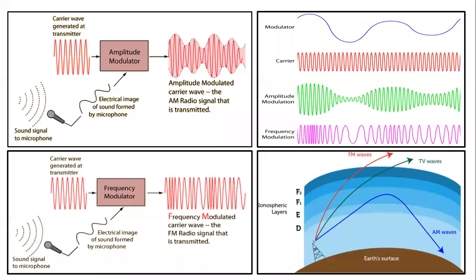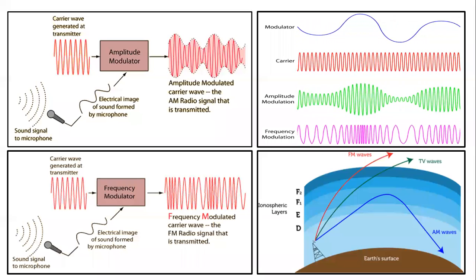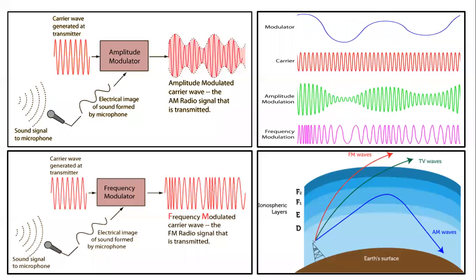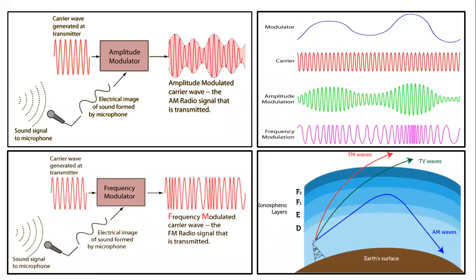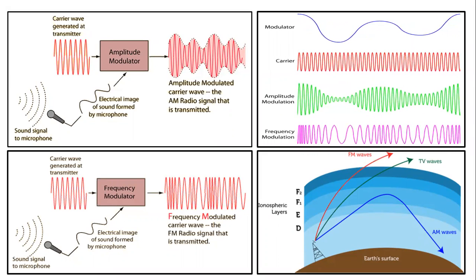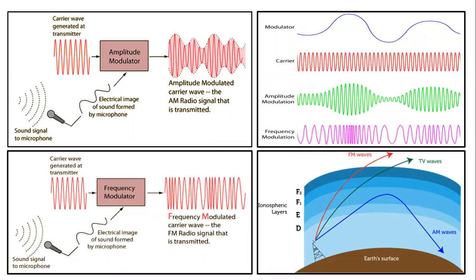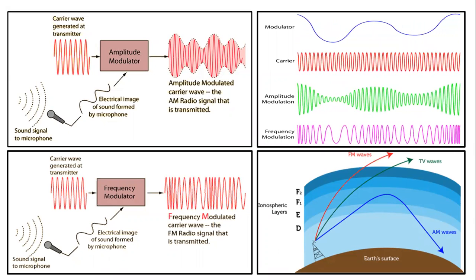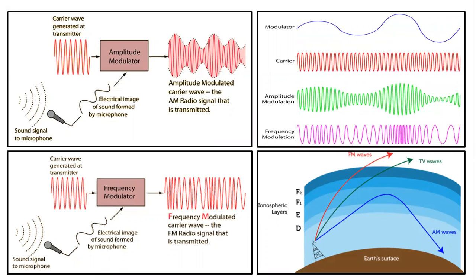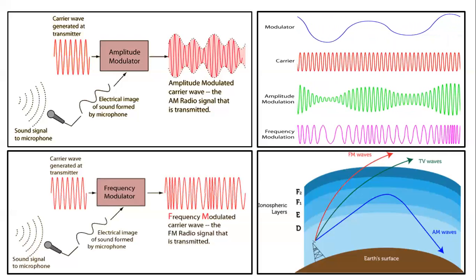So here we have examples of AM and FM on the left-hand side. On the top is AM. A carrier wave is generated by the transmitter. The sound signal is picked up by the microphone, and the electrical image of sound formed by the microphone is fed into the amplitude modulator.